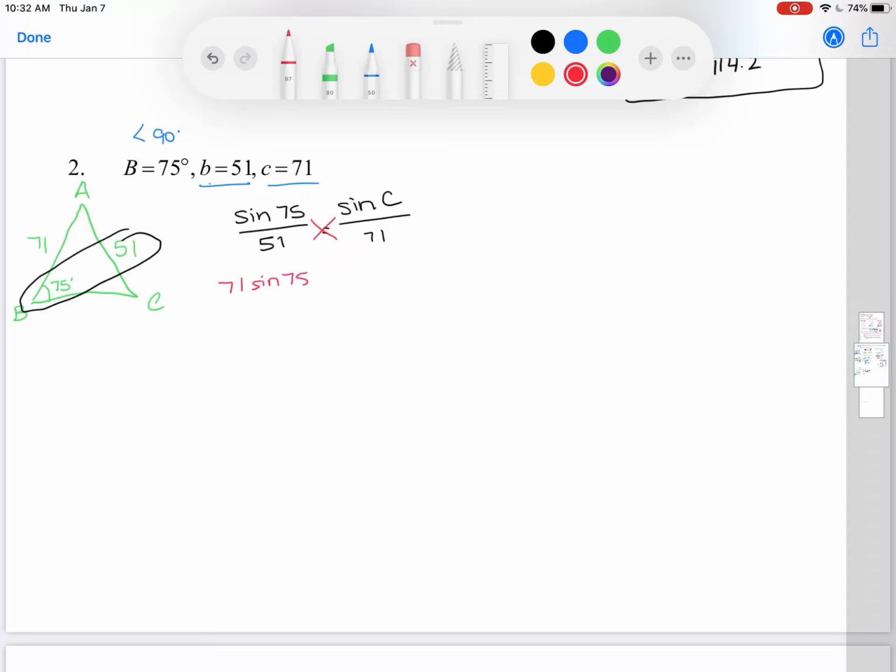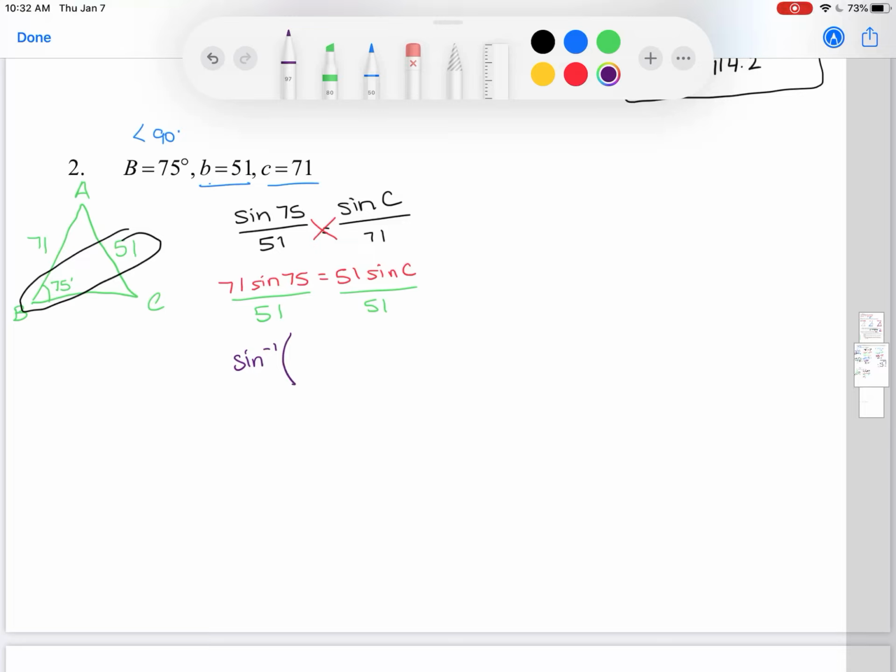Cross multiplying, 71 sine 75 equals 51 sine C. Dividing both sides by 51. And then I'm going to skip this step, but we're also going to take the inverse. After we divide by 51, we will then take the inverse.